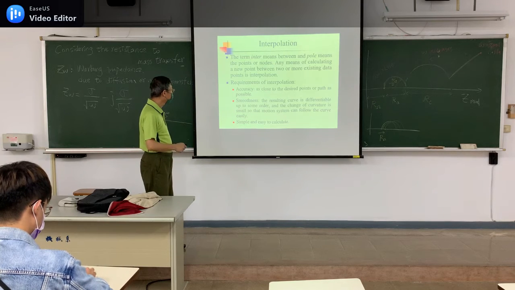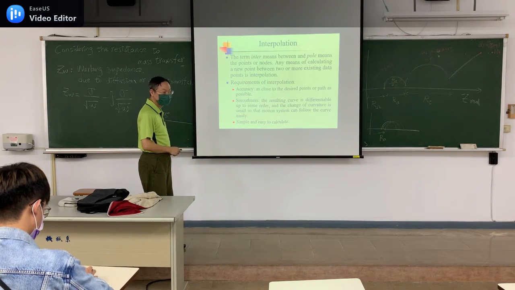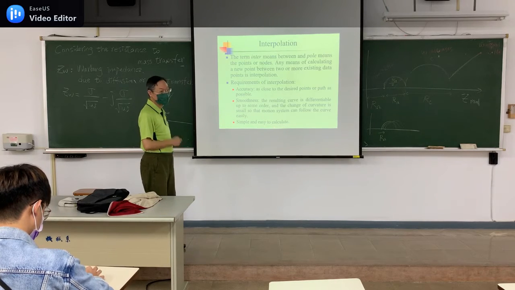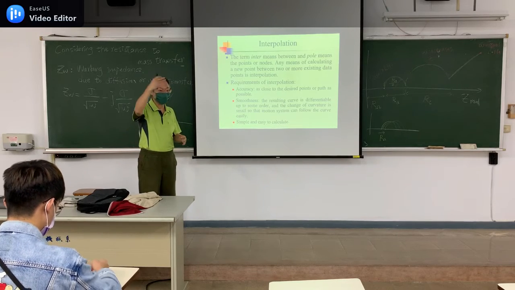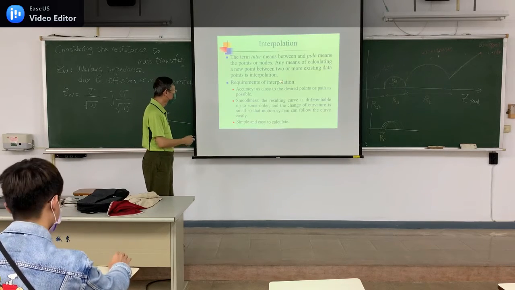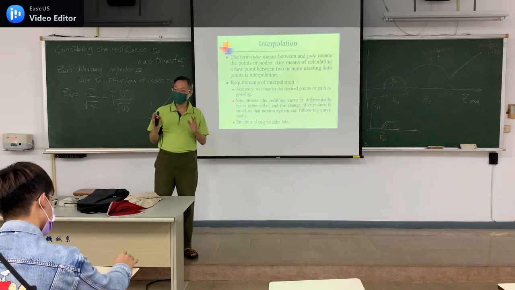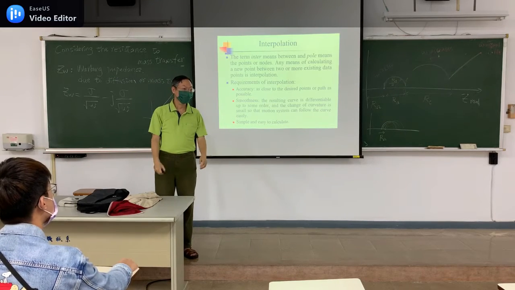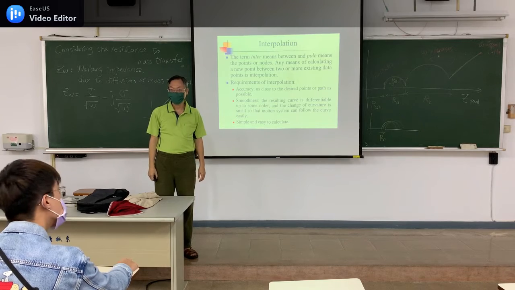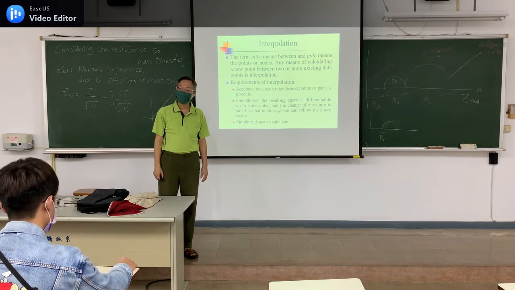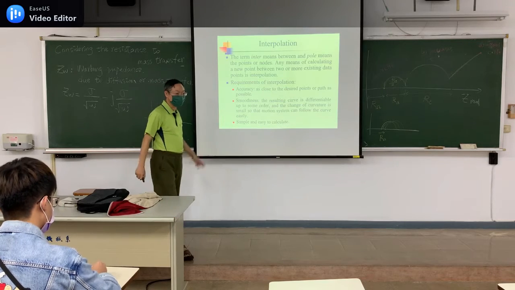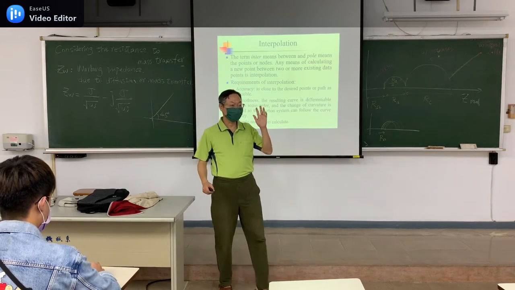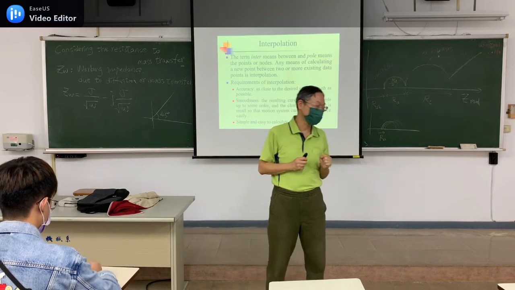Finally, the integration needs to be as simple as possible so that it can be easy to calculate. Otherwise, if you need to spend a lot of complicated algorithms to do the integration, it's not easy to get the so-called real time. So it is not good. In other words, for this requirement, remember, interpolation is what we call motion planning.